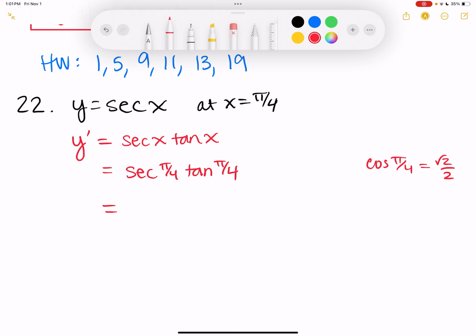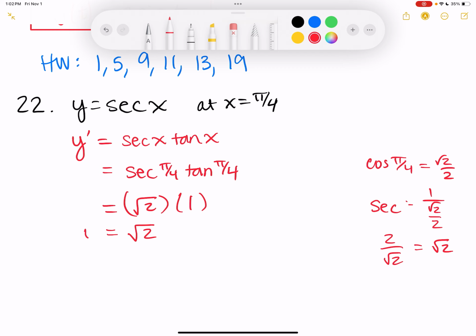So secant would be 1 over that, which would be 2 over root 2, which would be 2 root 2 over 2, which would just be root 2. So root 2 times tangent of pi over 4, which is 1. See, I got that one right though. While you were too busy insulting me, I was getting answers right.